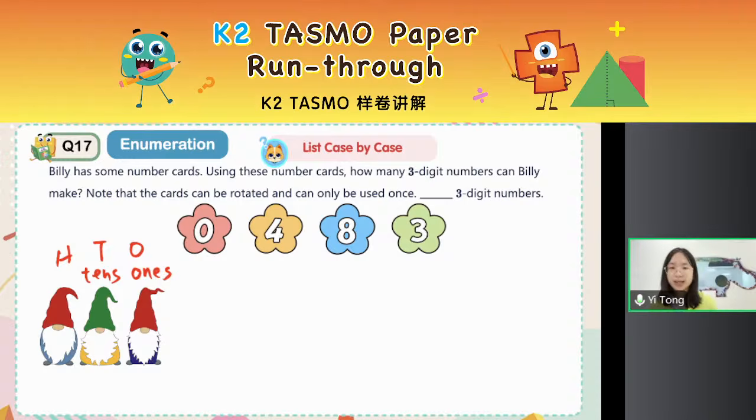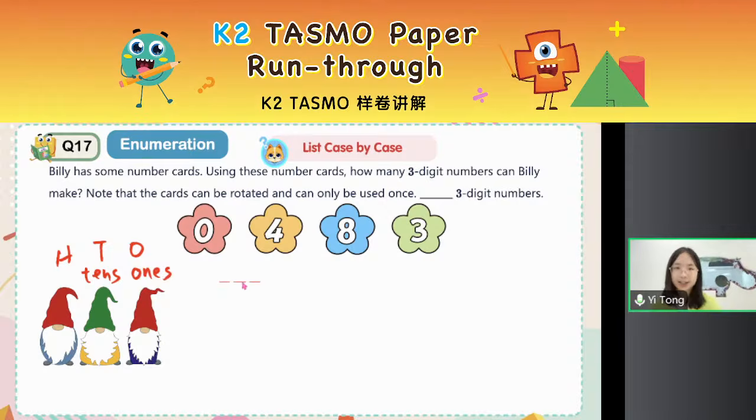Can we put any digit in the first digit place? No, we can't, right? What is it? The 0, can we put it there? No, we can't. So we don't care about 0 in the first place. We can start with the smallest one, that is 3.